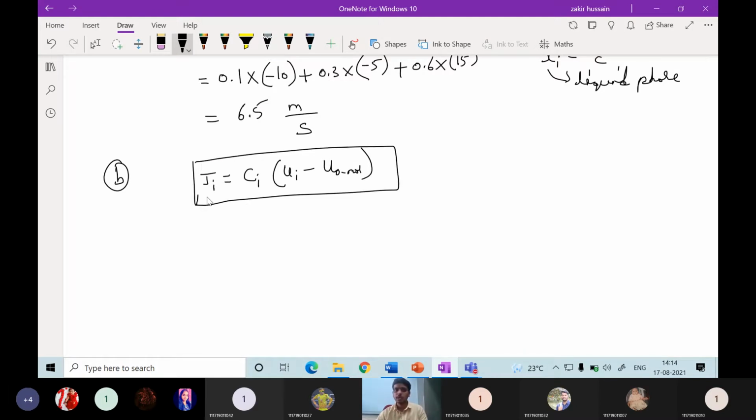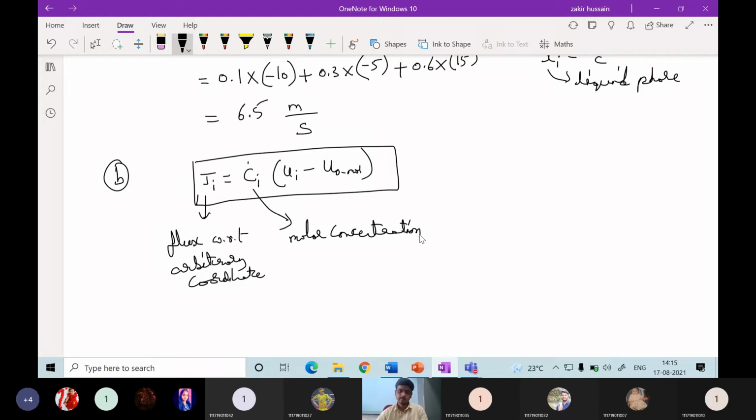So here concentrations are there. This is where Ji is the flux with respect to arbitrary coordinates. Then Ci is a molar concentration. This is velocity of species.